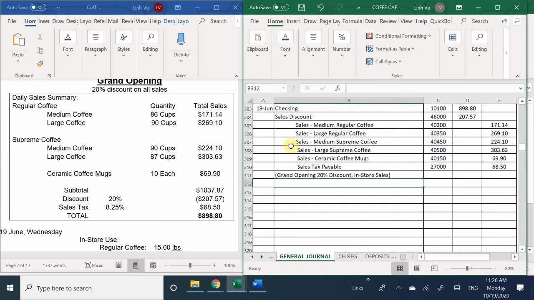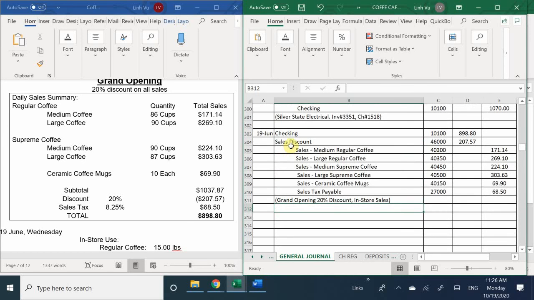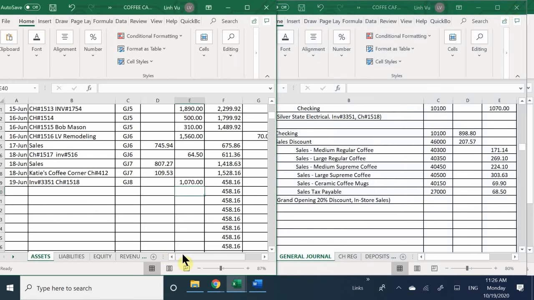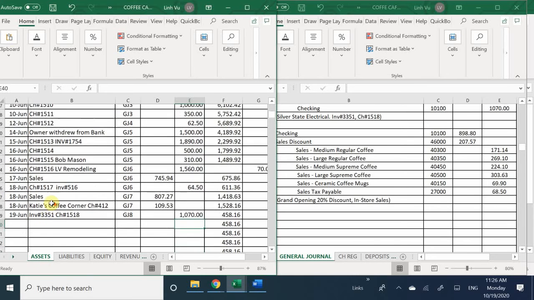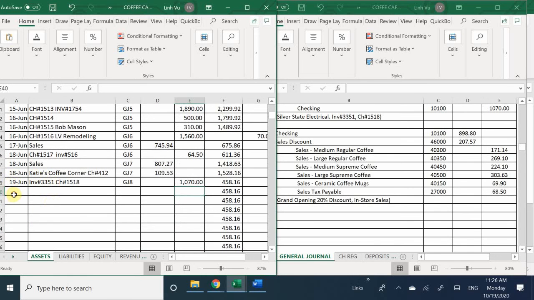What else do I need to do next? So we go to the ledger next. Yes, we're going to go to the ledger next. All right, and where are we starting off with? Checking. Okay, so 619. All right. Sales, all right, general journal number 8.